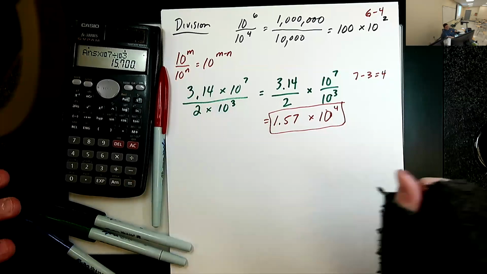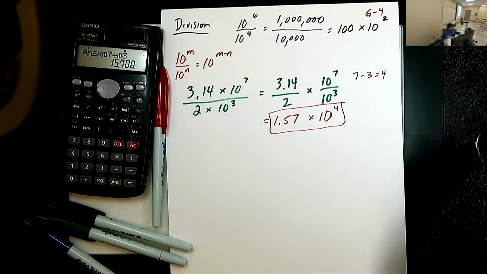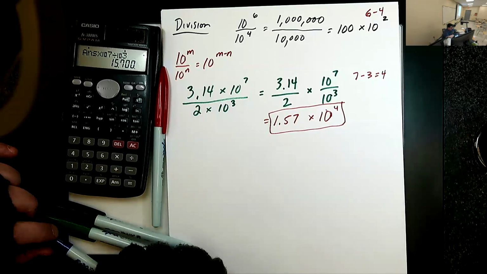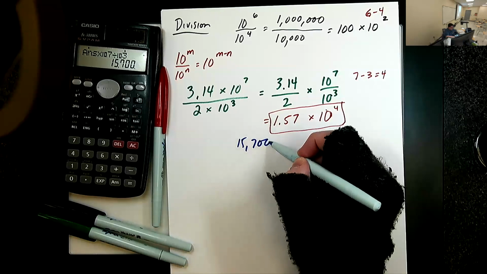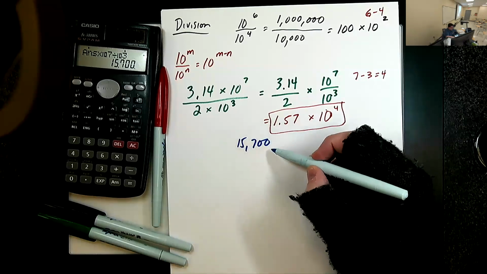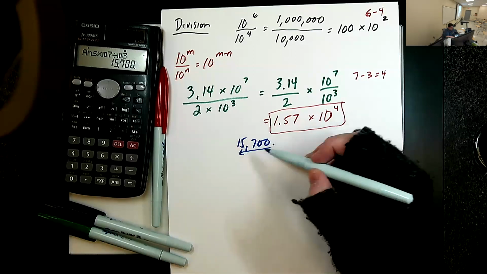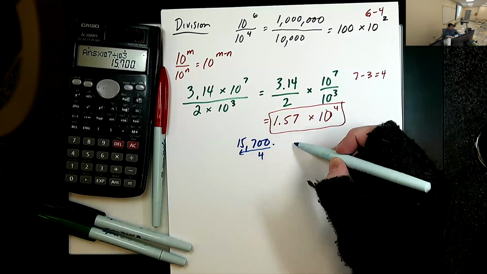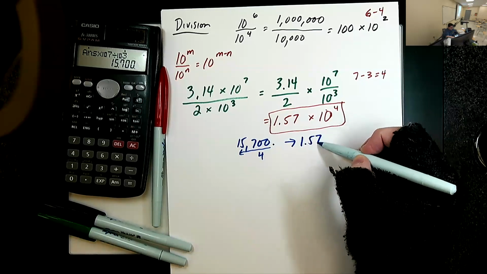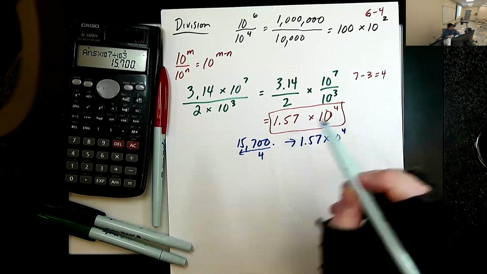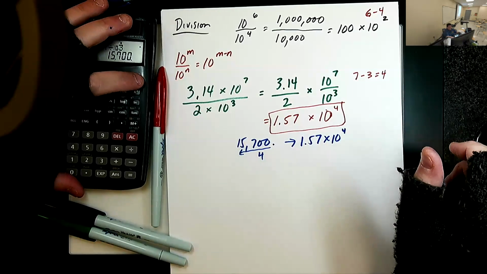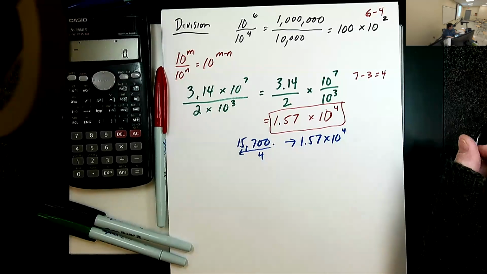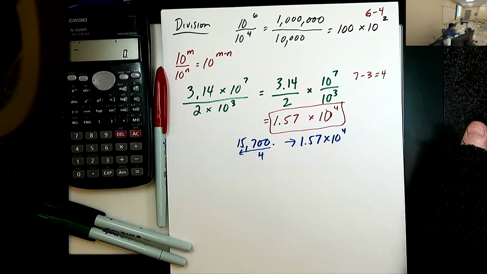Oh, I didn't write it in scientific notation. Well, it gave me 15,700, but I know how to convert that to scientific notation. It's a big number, and we moved it left 4. So move left 4, big number, positive exponent. I'm sure there's some way to get it to always show in scientific notation. That's annoying.